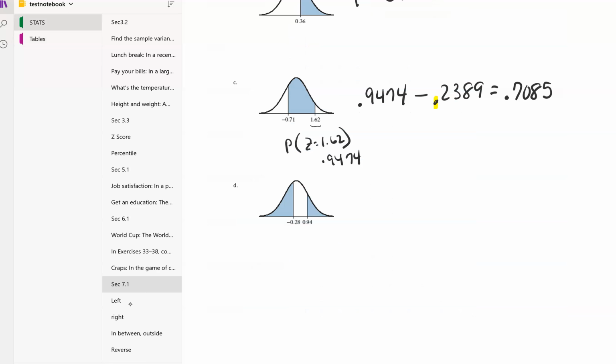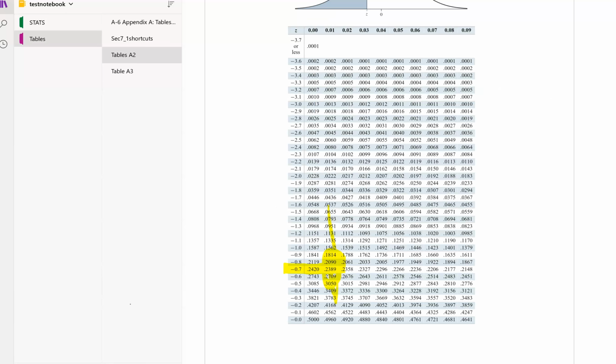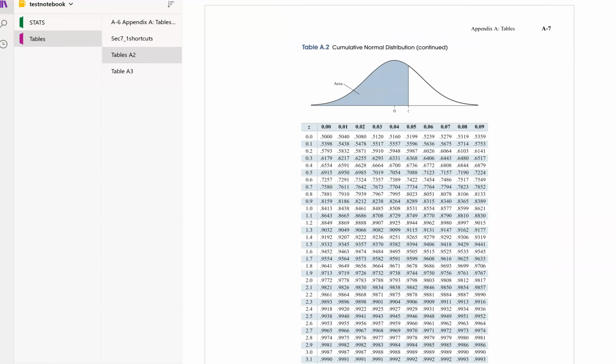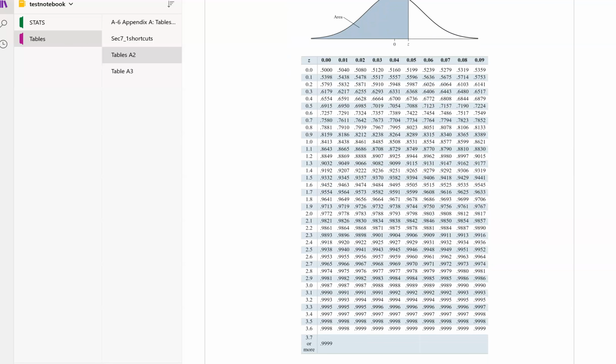All right, so I want to look up 0.94. Again, I'm always looking, the positive ones will be the bigger number. So I'm going to look up 0.94, or the ones more to the right. 0.94 is 9 here, and where's the 4 here? So right here, 0.8264.